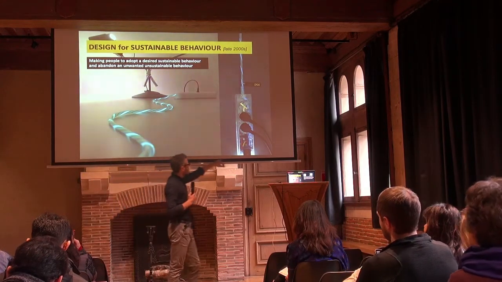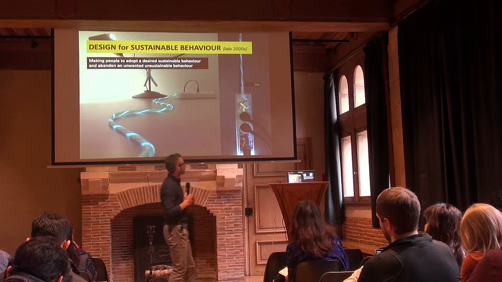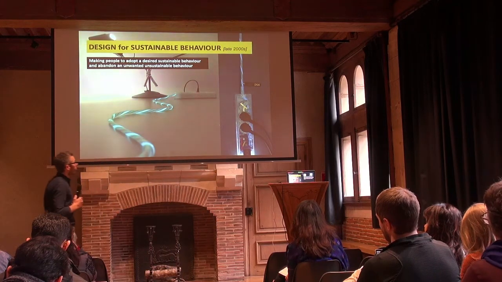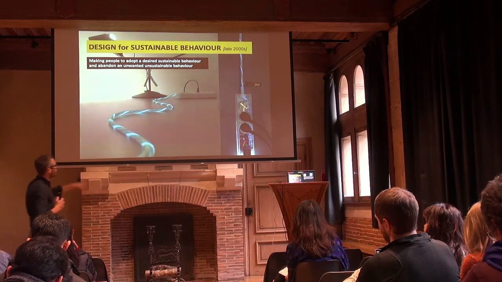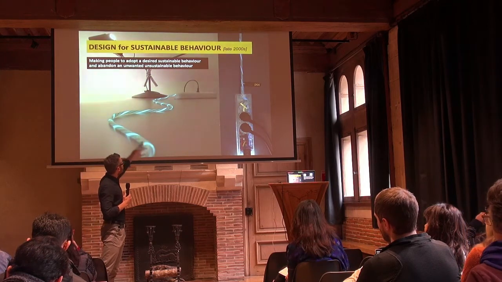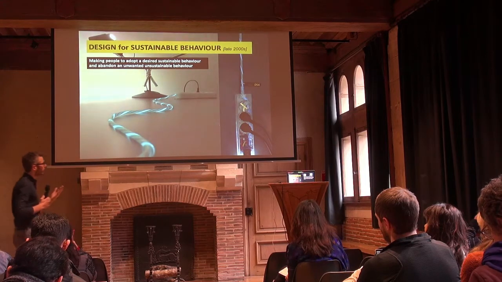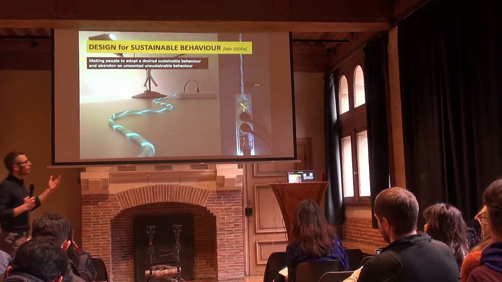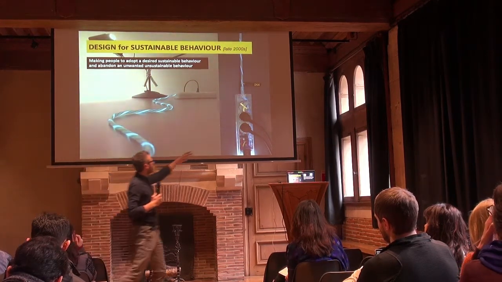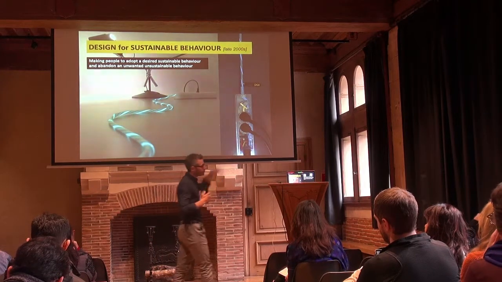It's a power cord called Power Aware, and essentially through different combinations of light patterns and intensities, it is supposed to communicate the amount of energy that different appliances consume when connected to this power cord.